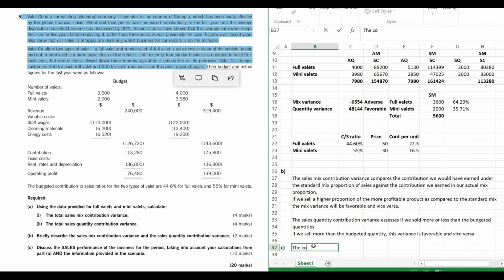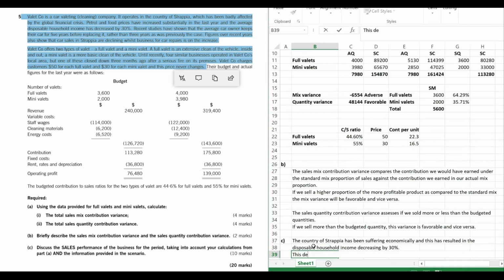The country of Strapia has been suffering economically, and this has resulted in the disposable household income decreasing by 30%.